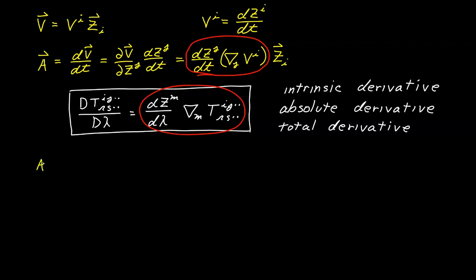The acceleration vector A can be written as, we've defined it as dv/dt, and then it can be broken down into a linear combination of a^i times z_i, where the vector component a^i is equal to the intrinsic derivative of our velocity component v^i with respect to time.